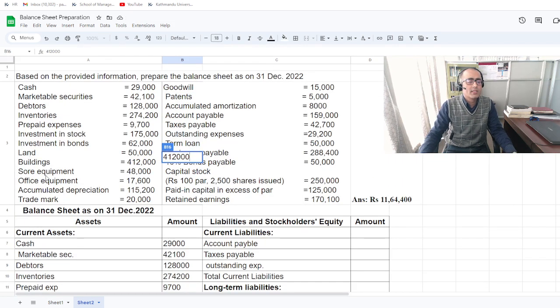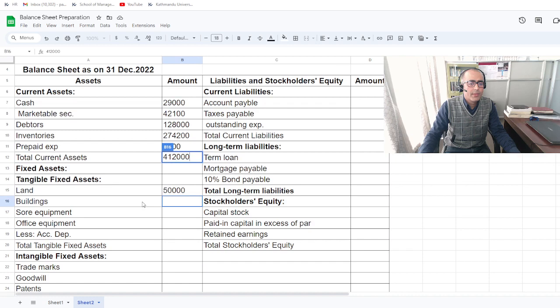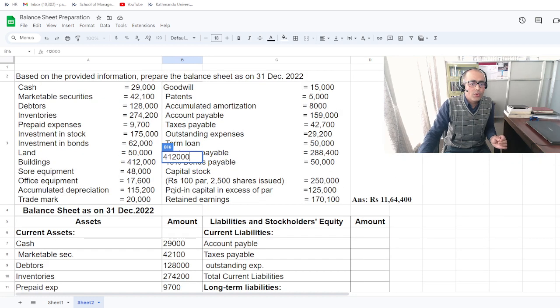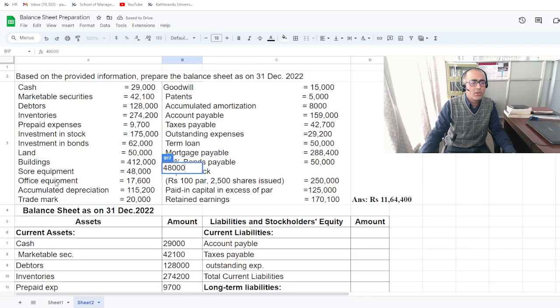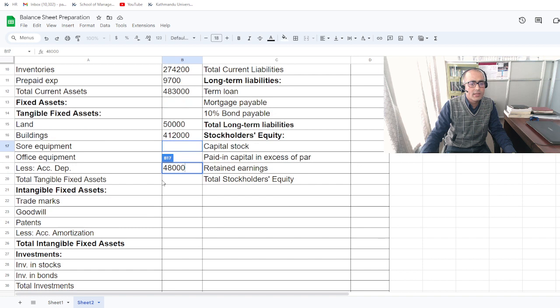Solar equipment is used for agriculture purposes. Solar equipment is 48,000. Now what about the office equipment? Office equipment is 17,600.